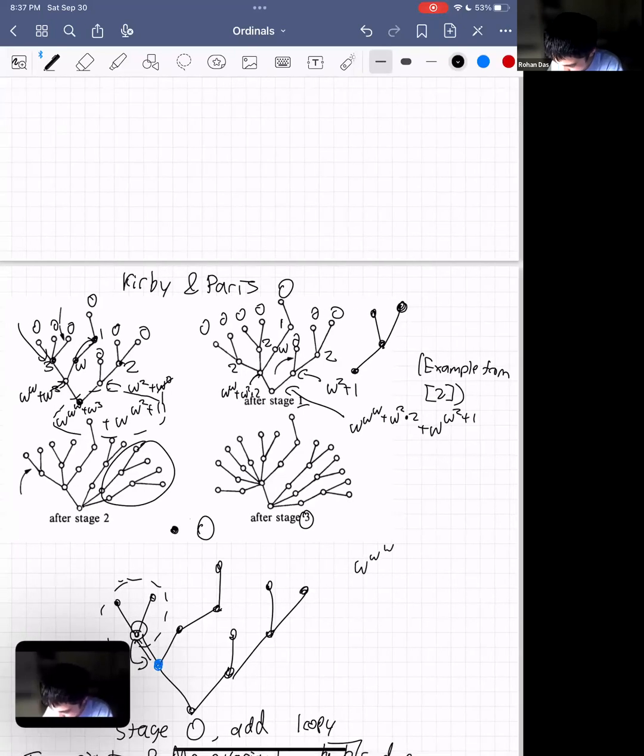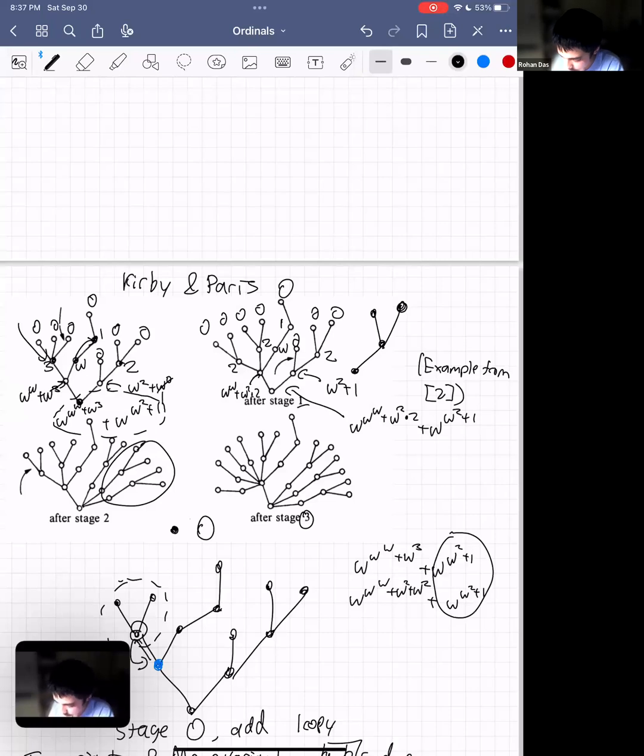we have omega to the omega plus omega to the third plus omega to the omega squared plus 1 in stage 0, and in stage 1 we have omega to the omega plus omega squared plus omega squared plus omega to the omega squared plus 1.